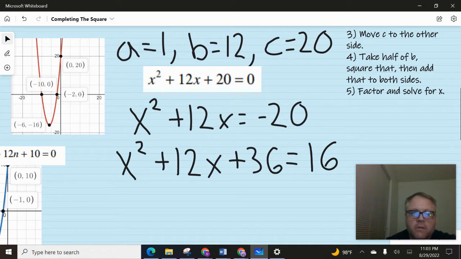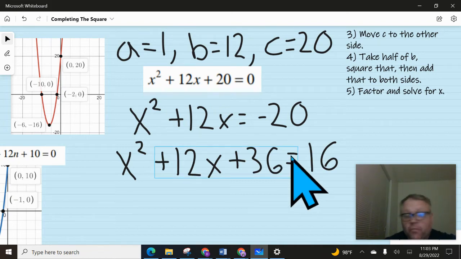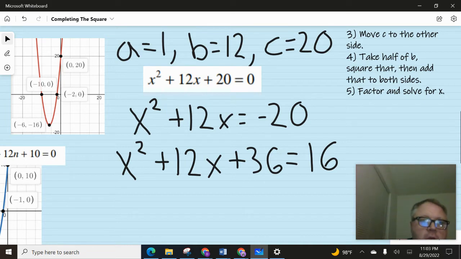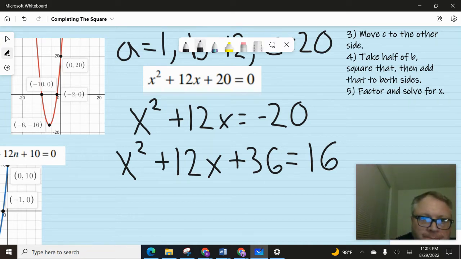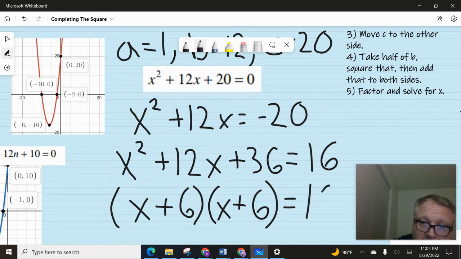If it helps, you can write out the factors of 36. 36 and 1, sure, but they don't add to 12. 3 and 12, but they don't add to 12. 9 and 4 don't add to 12, but 6 and 6 do. So let's draw our double bubble. This will factor into x plus 6 times the quantity x plus 6. And don't forget that is equal to 16.